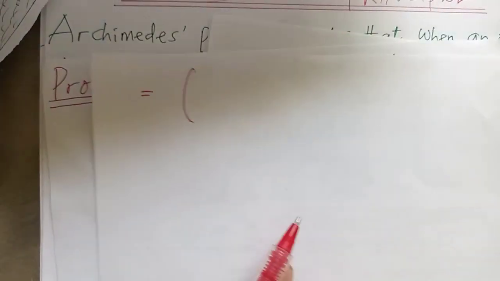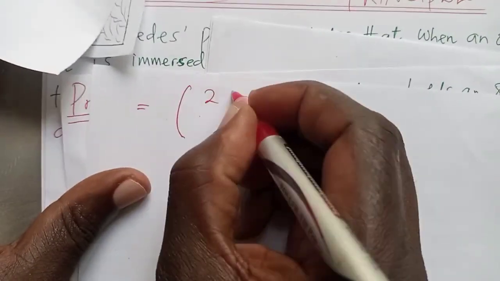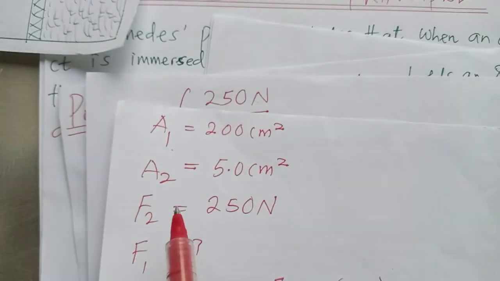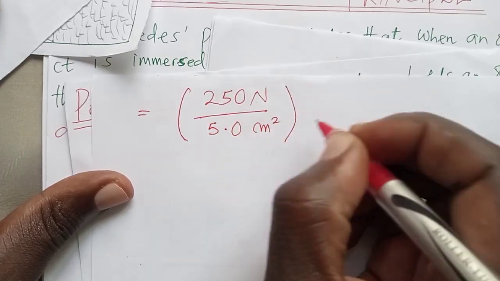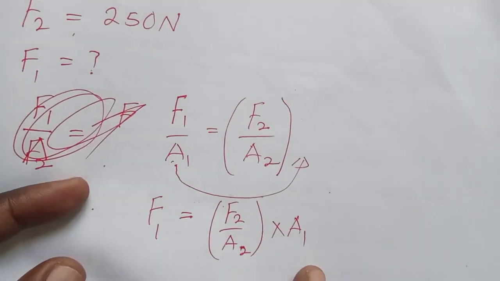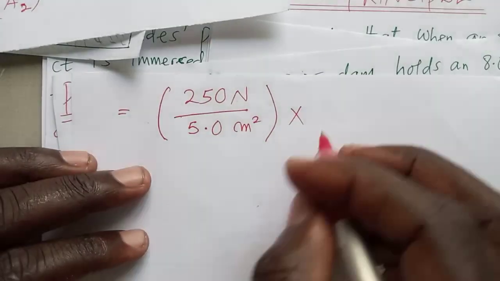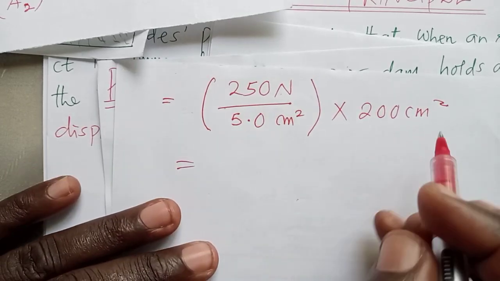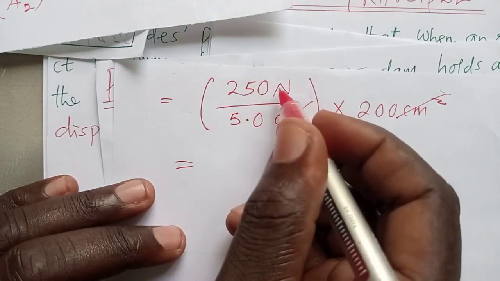You see, my F2 is 250, so I will say 250 Newton divided by A2, and my A2 is 5.0, so I have 5.0 centimeter squared, close bracket, multiplied by A1, and my A1 is 200 centimeter squared. Clearly, you can see the centimeter squared cancels centimeter squared, and I will have everything in Newton.